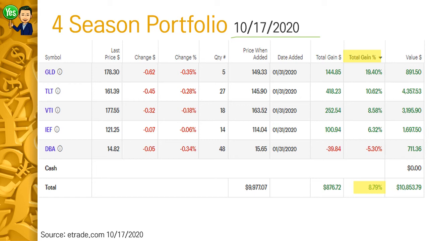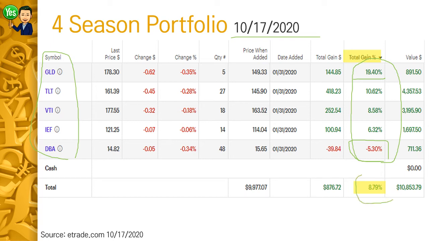So it's kind of 10 months of investment, and there's the individual stake here, and that's the total gain for the individual stake. And this time gold shows more return, and the agriculture ETF DBA still shows a negative return.